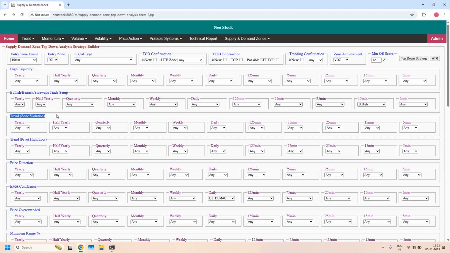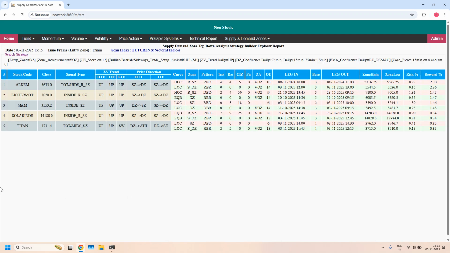At the same time, the trend on the daily should not be sideways. It should be uptrend because it is a bullish trade setup. So 5 stocks are filtered. So these 5 15 minutes demand zones might have a higher probability to succeed, provided less than 20 checklist items are satisfied. Otherwise, higher chances of zone violation.